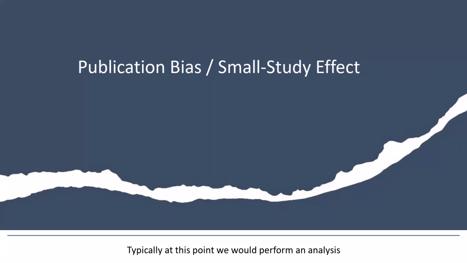Typically, at this point, we would perform an analysis to assess the potential impact of publication bias. While many meta-analyses of prevalence or incidence do include an analysis of publication bias, this is actually a mistake. When we're looking at the event rate in one group, it makes absolutely no sense to test for publication bias for the following reason.